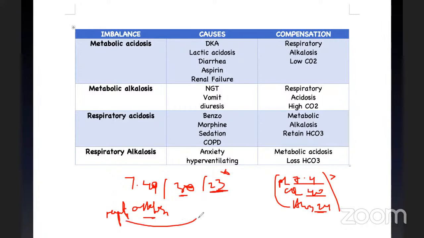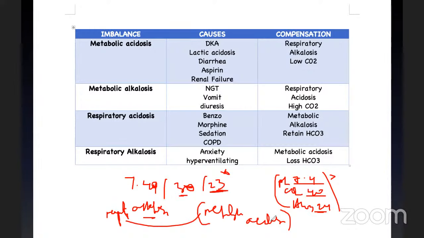If I have a respiratory alkalosis problem, what is my compensation? I told you, respiratory will become metabolic. Alkalosis will be acidosis. So I'm looking for metabolic acidosis for the value that I did not use. I did not use this. I used the CO2 to tell me it's respiratory alkalosis. And this is 23.